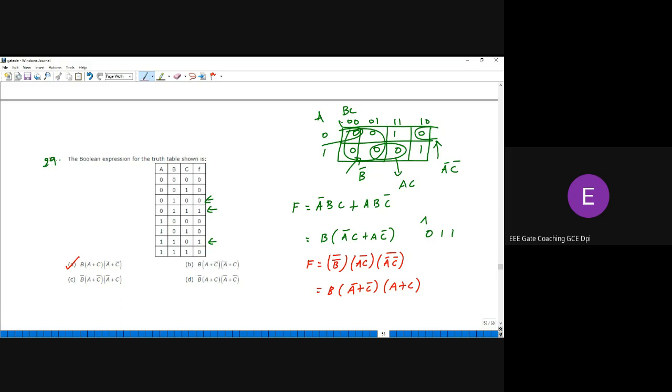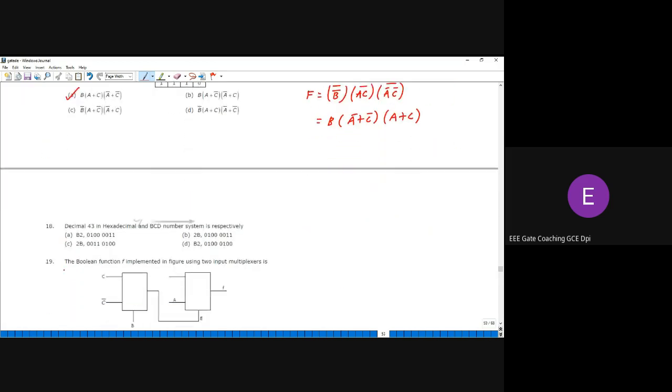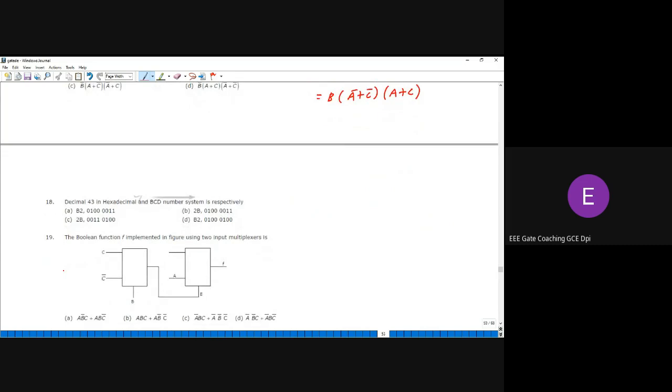I hope more questions now. 30th problem, last problem. So what is a decimal? How to represent 43 in hexadecimal and BCD number system? Answer?